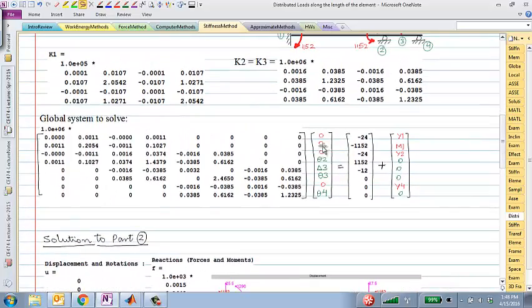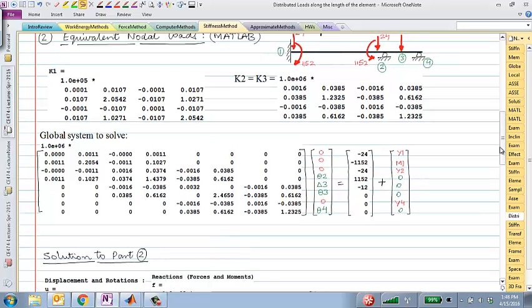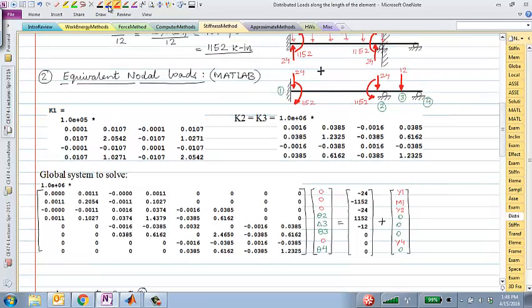And we have these degrees of freedom. Let me mark those. So I have degree of freedom, sorry, not horizontal, but vertical and rotational, that's 1 and 2. Vertical and rotational, that's 3 and 4. Same thing, 5 and 6 at node 3, and 7 and 8 at node 4.